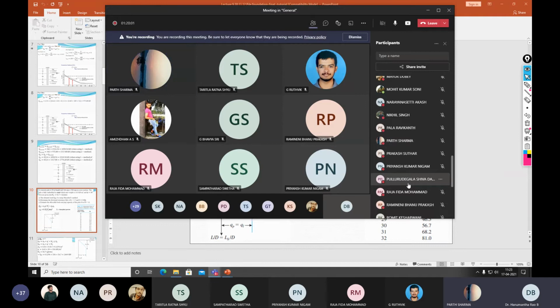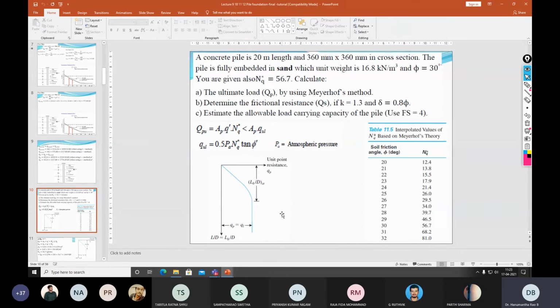Could anybody tell me what is the one important point that needs to be taken into account when you solve this sum? Sir, maybe we have to check that Q dash should not be greater than Q ultimate. Exactly.